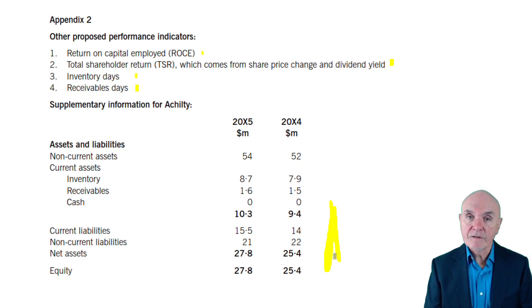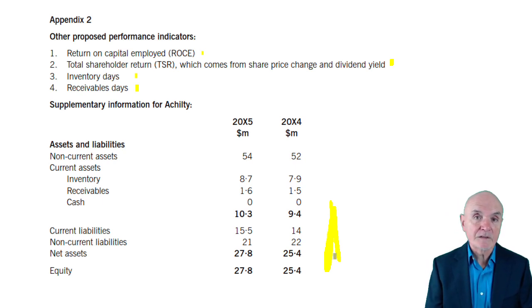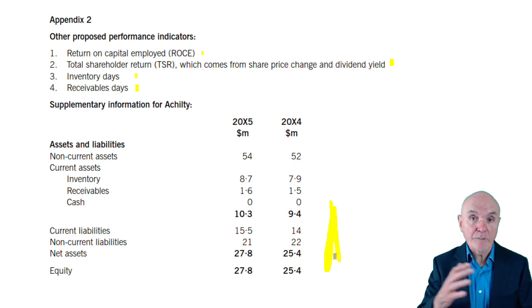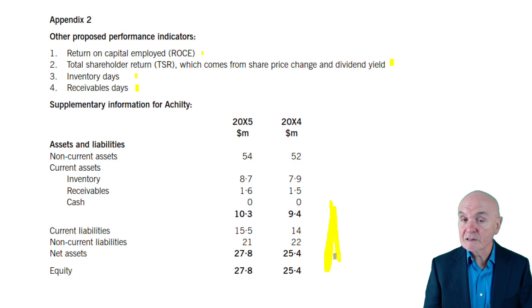Total shareholder return is an interesting one. Total shareholder return looks at both capital gains and dividends. So it looks at how the share price has increased over a period, plus the dividends over the period. This is in total how much richer the shareholder is over the period. And that, again, could be quite useful for shareholders to know.